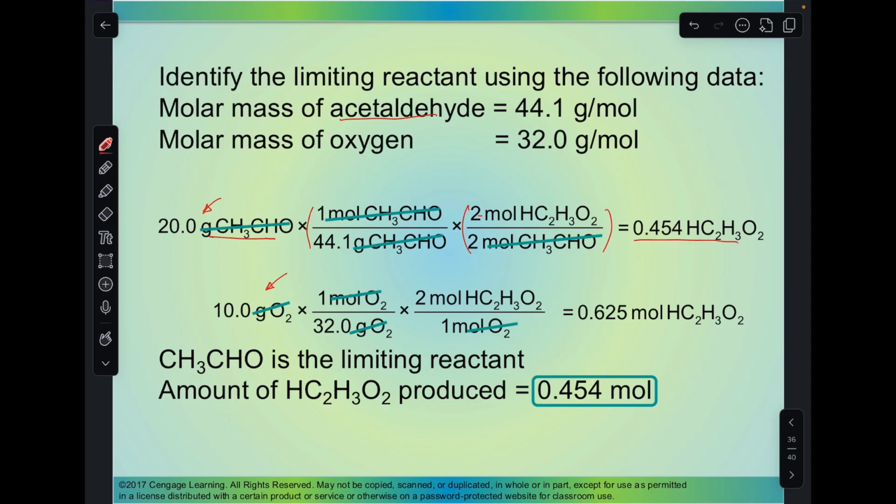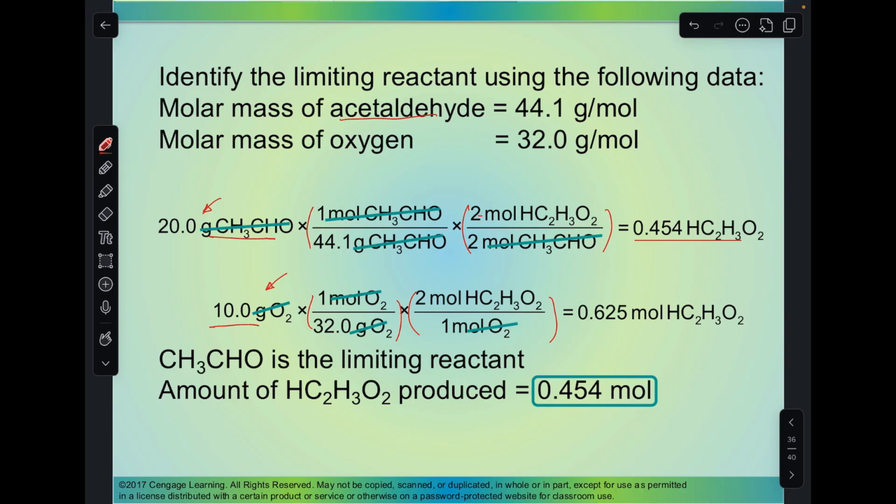And then you will get the number of moles you have at the other end. As well, you'll do the exact same thing with oxygen, where you have 32 grams of O2 for every 1 mole. It's going to take 1 mole for every 2 moles of acetic acid that are made.